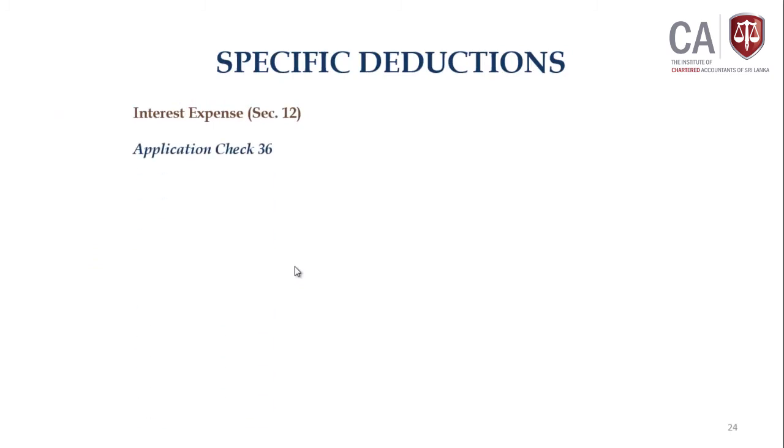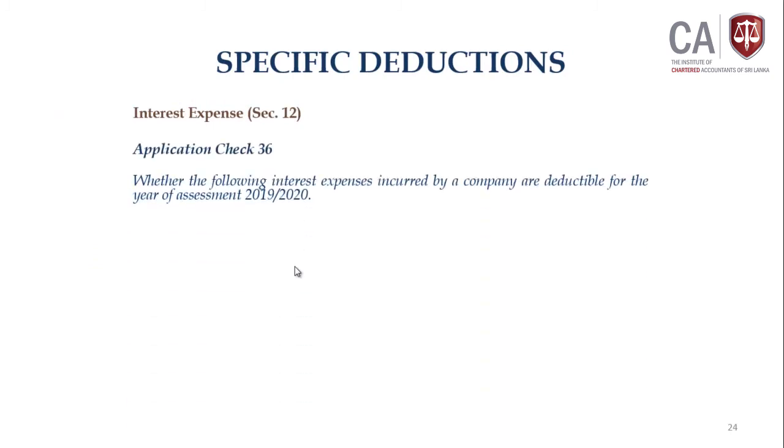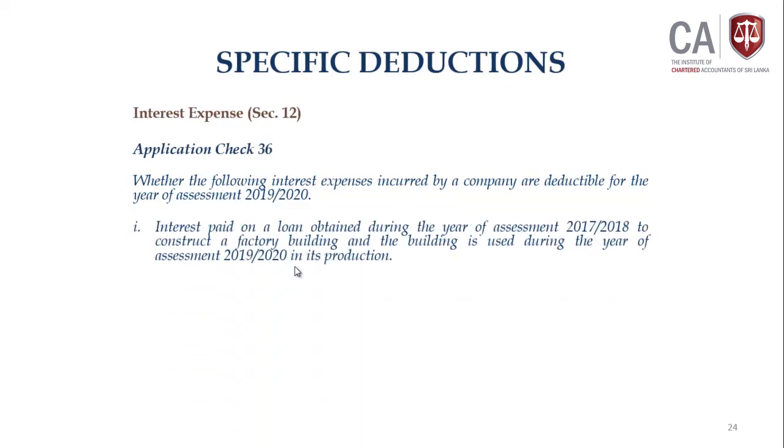Look at question 36. The question is whether the following interest expenses incurred by the company are deductible for the year 2019/20. Interest paid on a loan obtained during the year 2017/18 to construct a factory building. The building is used during the year 2019/20 in its production.